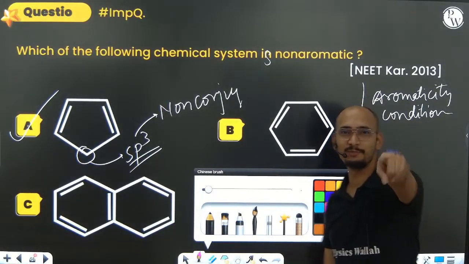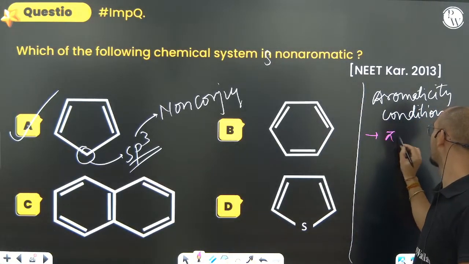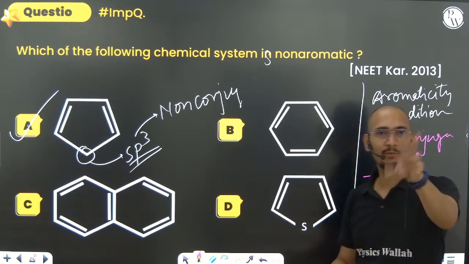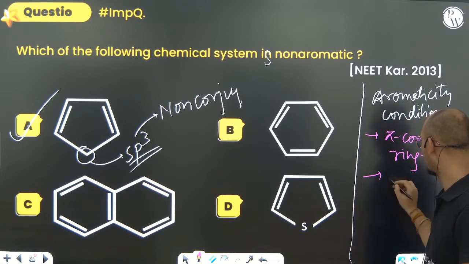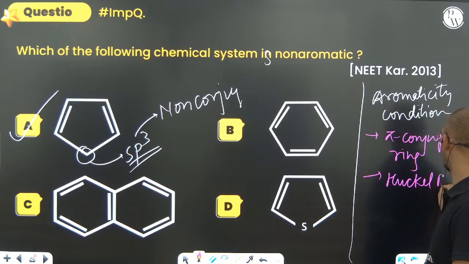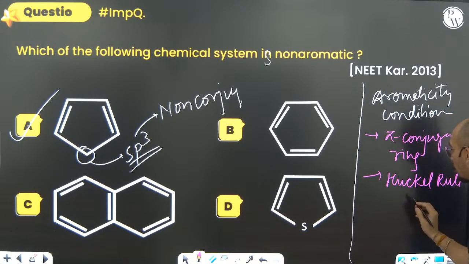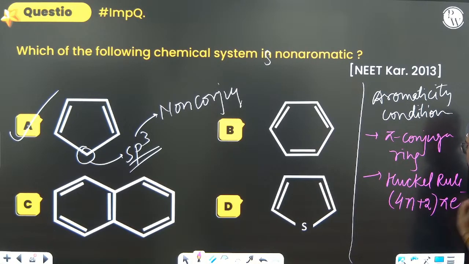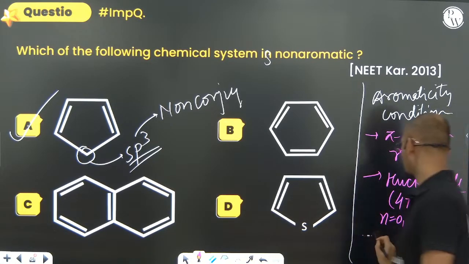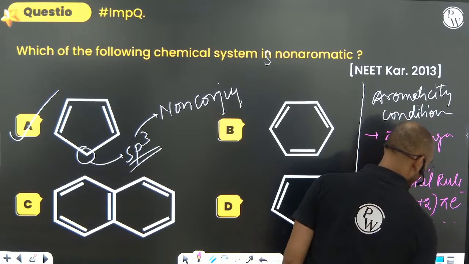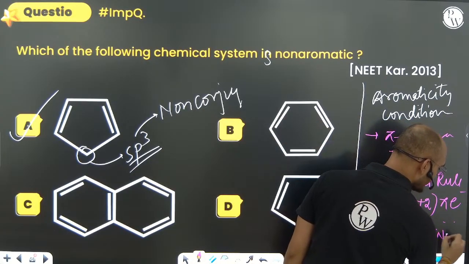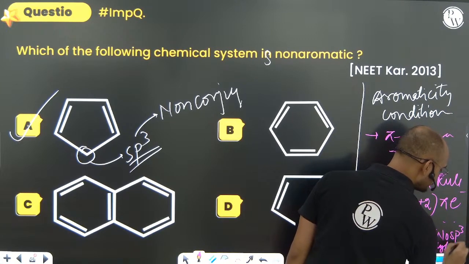Yes, first of all there should be a pi conjugated ring, then how many pi electrons should be there, it should follow Huckel rule. Huckel rule कैसे follow होगा, it should be 4n plus 2 pi electrons, here n should be equal to 0, 1, 2, 3, okay, and it should be planar, ऐसा नहीं हो कि नॉन प्लेनर हो जाए, प्लेनर मतलब no sp3 hybridized atom should be there.